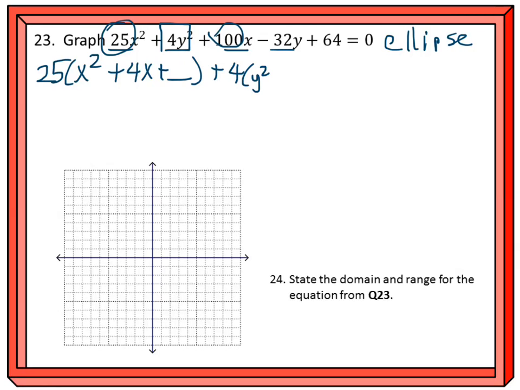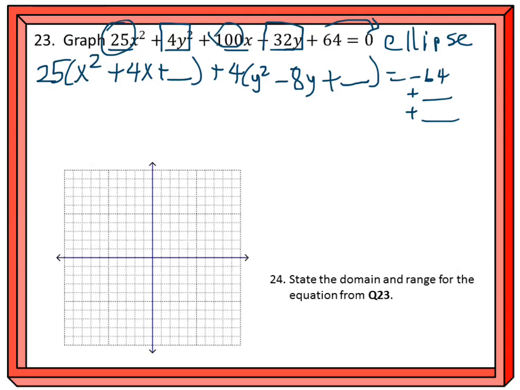And when I factor out the 4 from the negative 32y, I'm going to have minus 8y plus a blank is equal to, now I'm going to have to get the 64 over here, so that's negative 64, and then I'm going to have two blanks that I'm going to have to fill, plus blank from completing these squares.